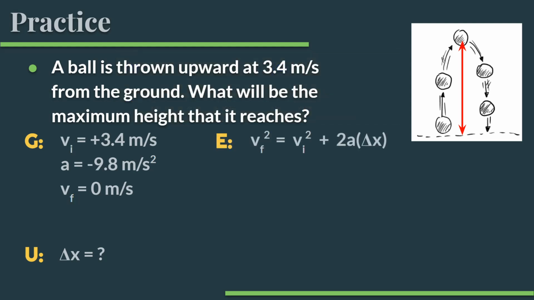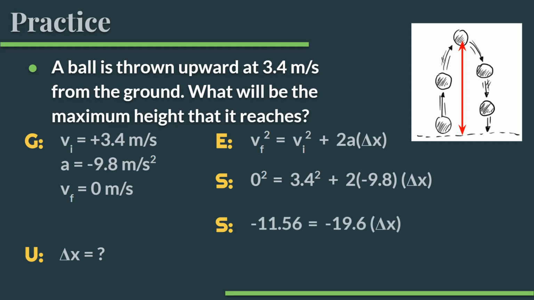We're going to use equation B, VF squared equals VI squared plus 2 times A times delta x, and we're going to substitute into that equation. It looks like this. 0 squared equals 3.4 squared plus 2 times negative 9.8 times delta x. So now you've got a math problem. 0 squared is 0. 3.4 squared is 11.56.